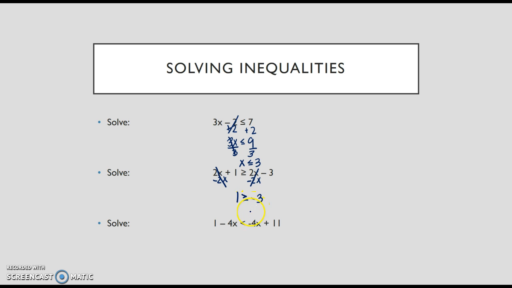Well, if we think about it, 1 is going to be greater than any negative number because it's bigger than 0. So this is a true statement. Because this is a true statement, that means that all real numbers is my answer. So remember, you can write out all real numbers, or we can use our symbol, which is that fancy R with a double stem.